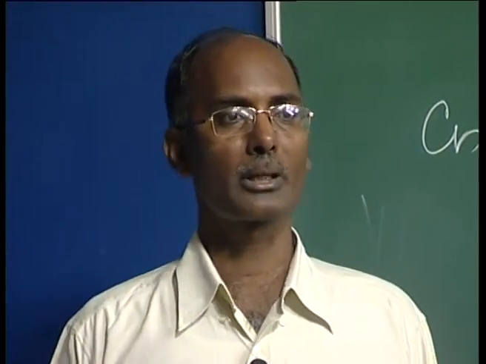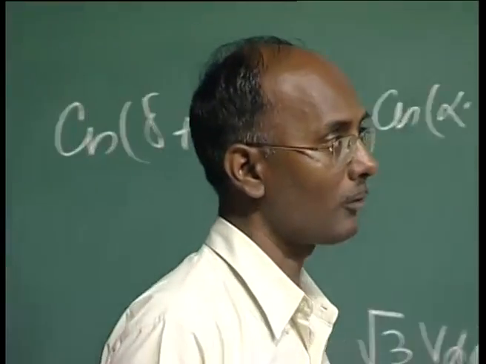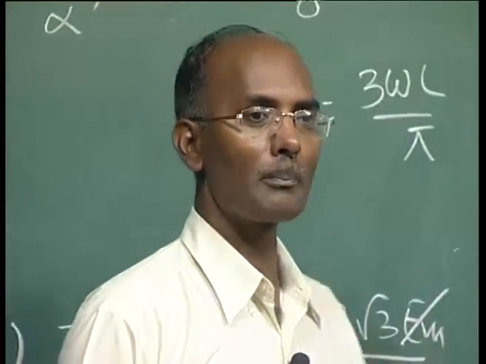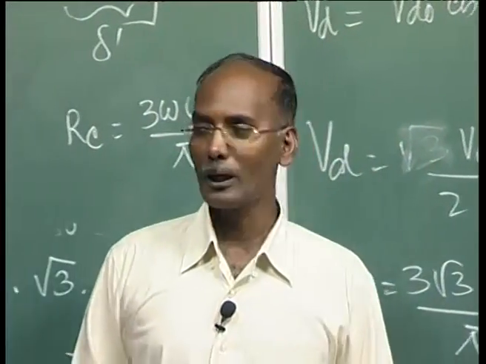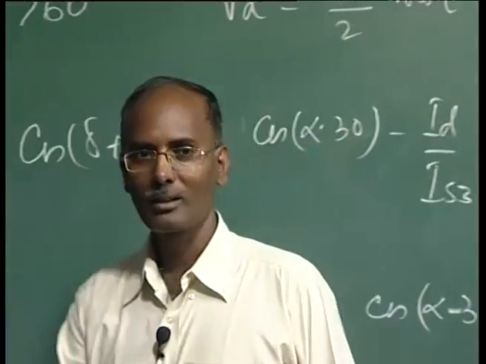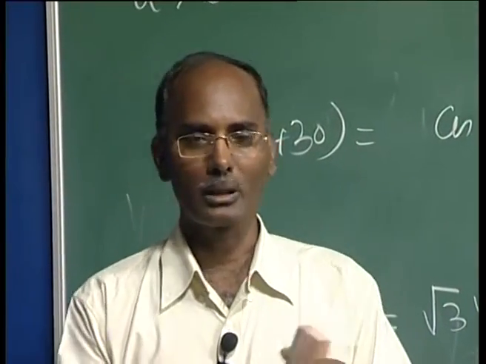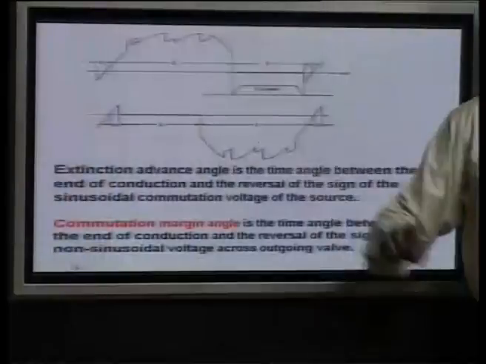We will discuss the operation of all these converters, valves, etc. Misfire means you are giving a pulse and it is not conducting, means missed. But in commutation failure, the pulse is given and the commutation starts, but due to the reversal and other things the commutation fails.